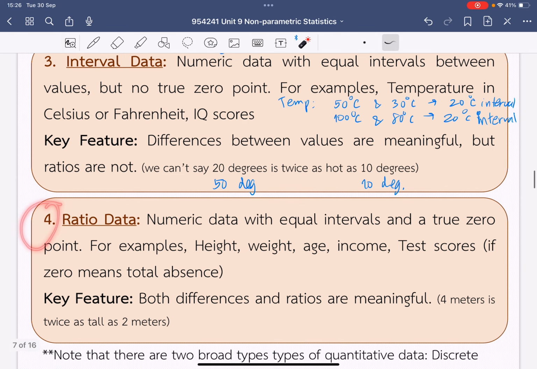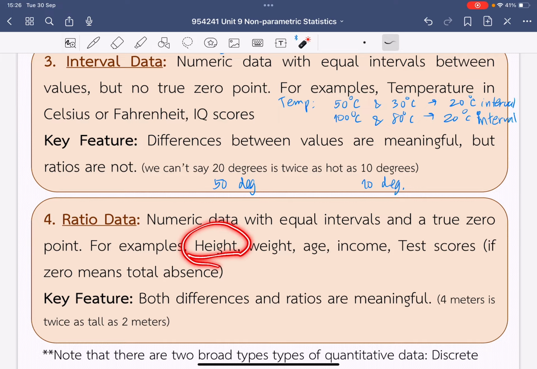Number 4, the ratio data. Ratio data is also numeric data with equal intervals, and we have a true 0 point here. For example, height, weight, age, incomes. This is what we use in parametric tests: ratio and interval data. For a test score, 0 means nothing, total absence.